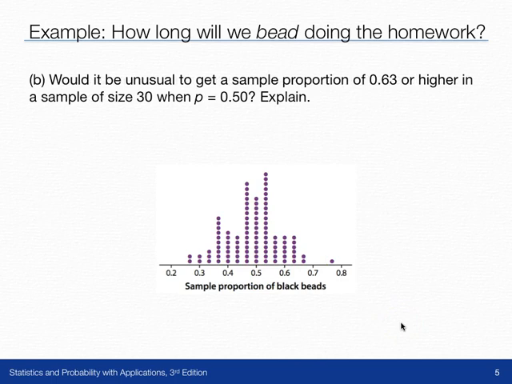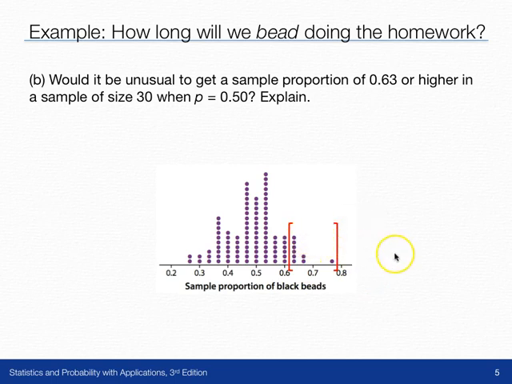In part B, we want to know if it would be unusual to get a sample proportion of 63% or higher in a sample of 30 when the true proportion of black beads is 50%. We're looking at this grouping here, because all of these dots correspond to samples where the sample proportion was at least 63%.